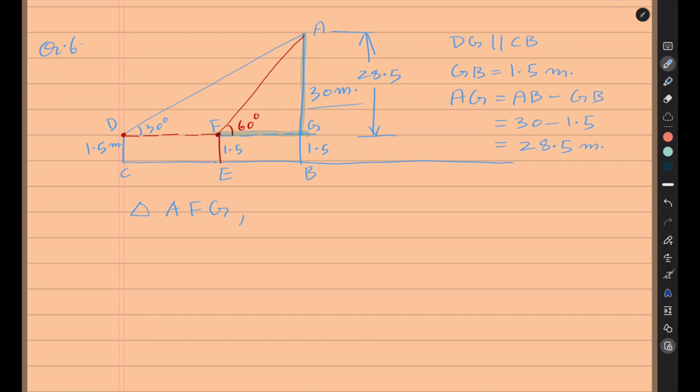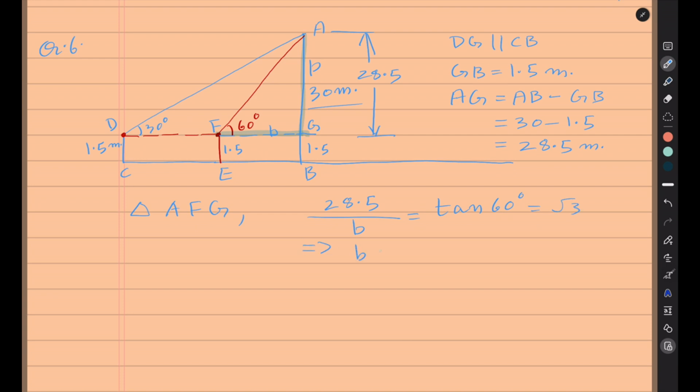We are talking about perpendicular and base. Perpendicular divided by base is tan 60 degree, which is equal to root 3.